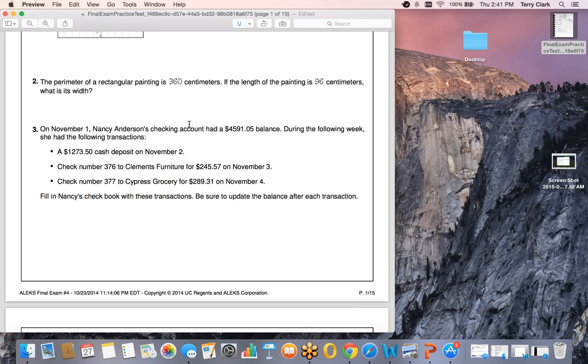Okay, so Joe has 84 centimeters. Alan also has 84 centimeters.